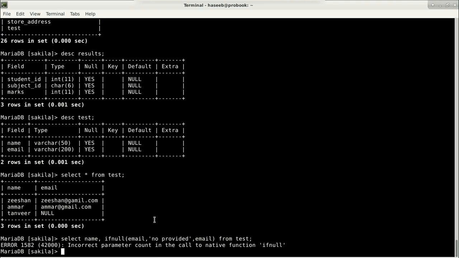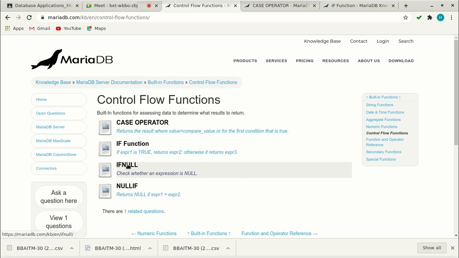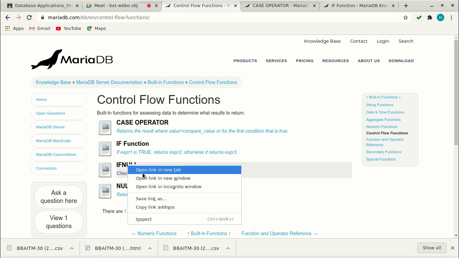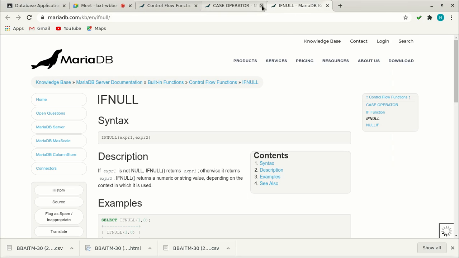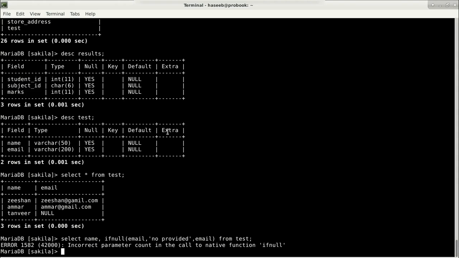Just a minute, let me check the syntax of this function. Oh, we have to provide two values. If expression 1 is not null, it returns expression 1, otherwise, oh, so we only have to write these two values.